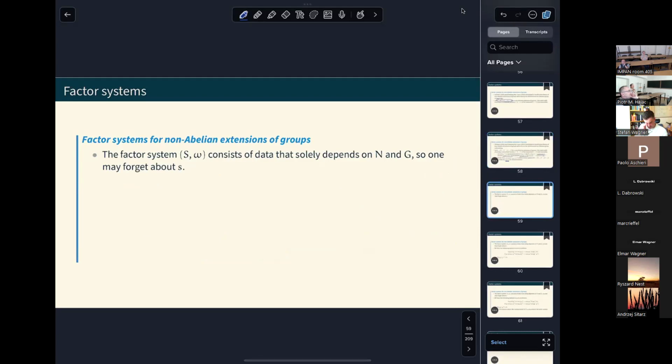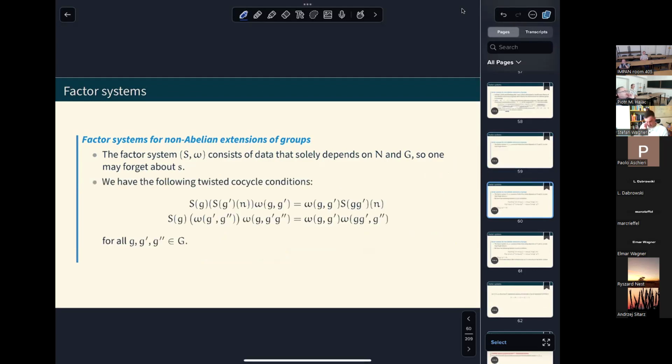So why would you do this? Do you see this factor system consists of data that only depends on N and G? So what it means is you can actually forget about the section and just look at the conditions these guys satisfy, and then you have these two conditions.